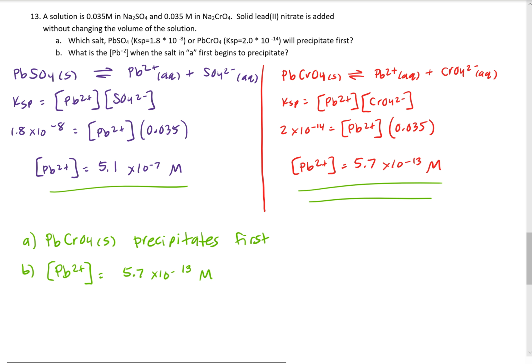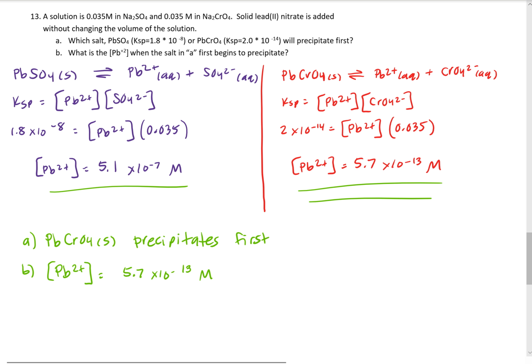Now, if this was multiple choice again, I could have asked you which salt is going to precipitate first. No calculation needed for 2 reasons. Number 1, each one of our potential salts breaks up into the same number of ions. Okay, I got 1 lead and 1 negative ion. And number 2, the concentration of that negative ion is identical in both of these scenarios, 0.035.